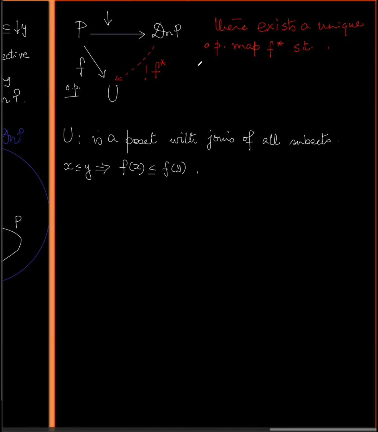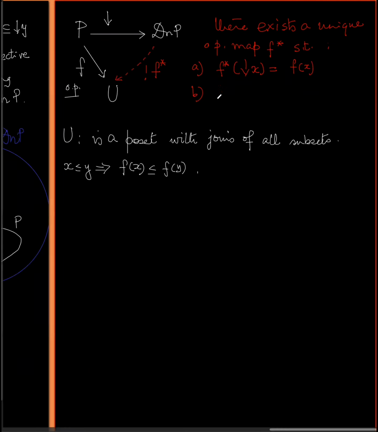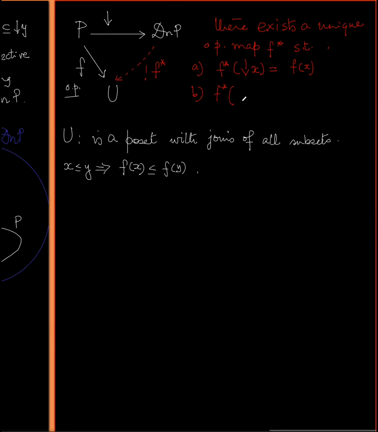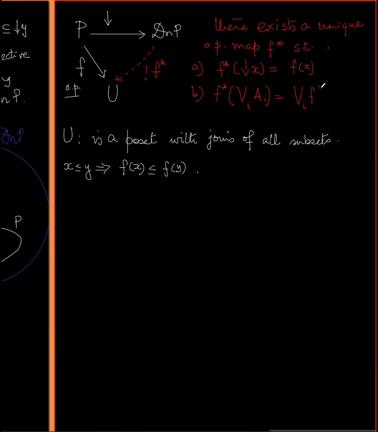That means F star of a principal downset is the same as this, and F star of a join of downsets is the join of the F star images.